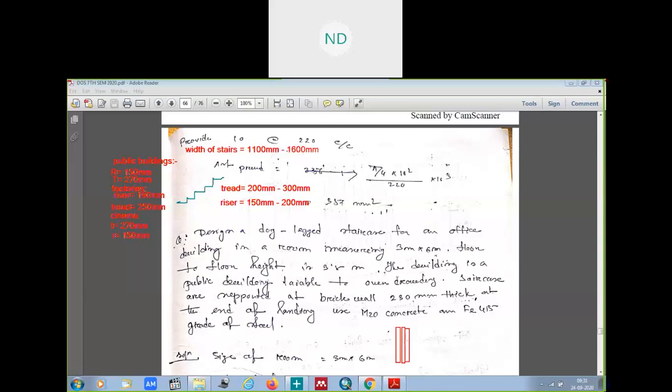This width of the stairs is generally taken to be 1100 mm to 1600 mm.